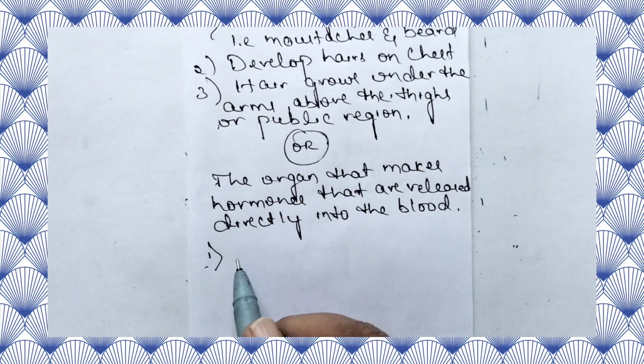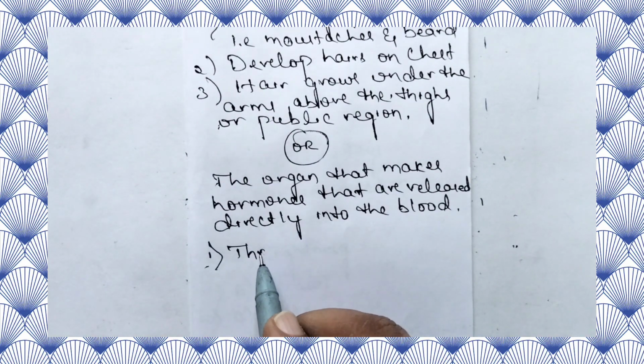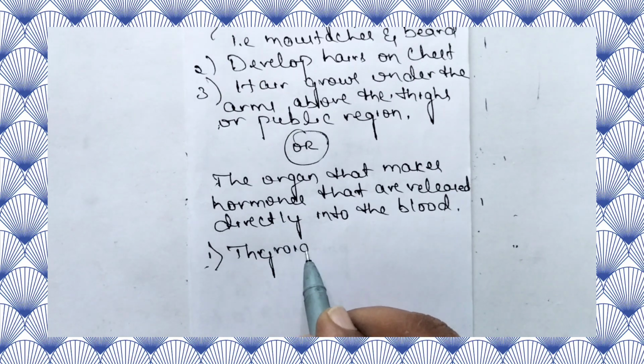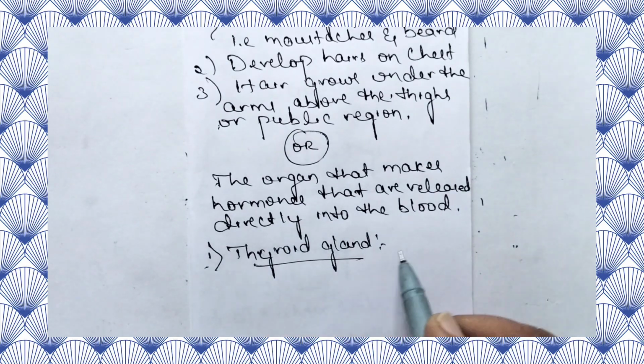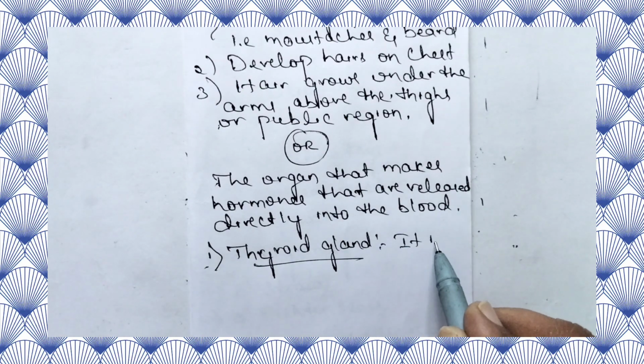Now let us list two endocrine glands. One is the thyroid gland. It is an endocrine gland.